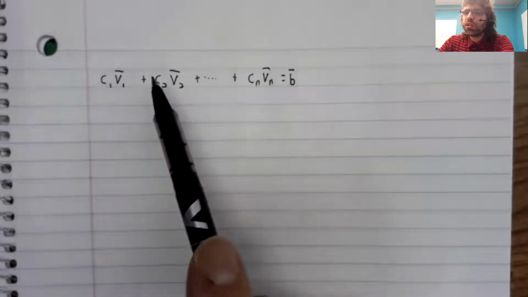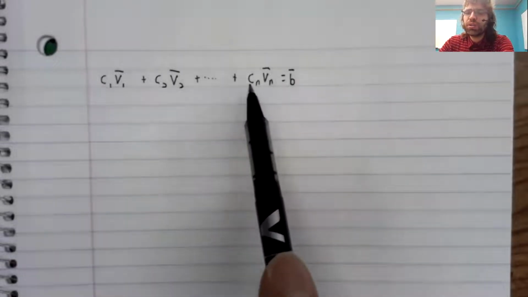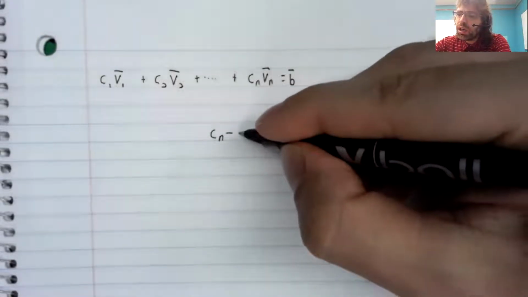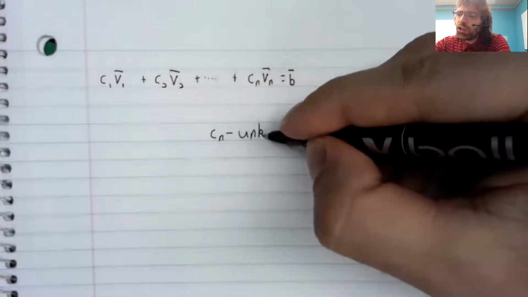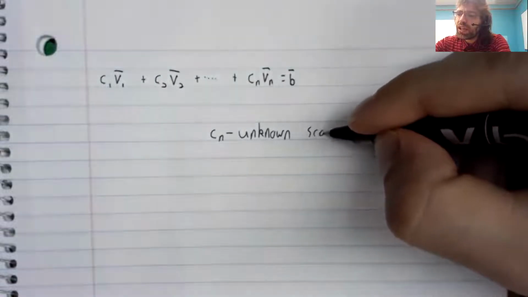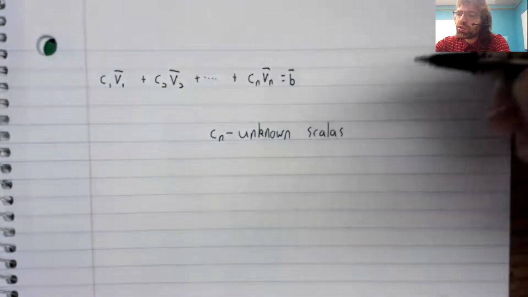Here, C1, C2, up to Cn are unknown scalars.